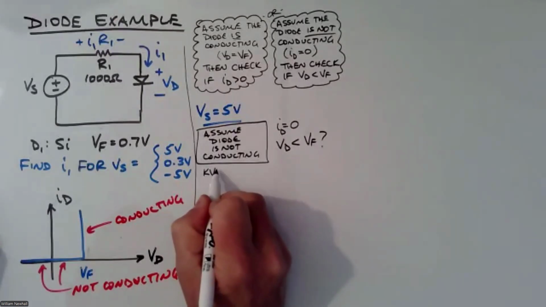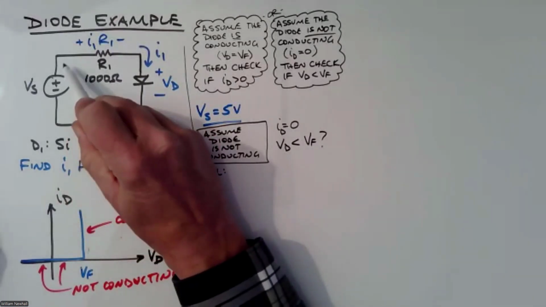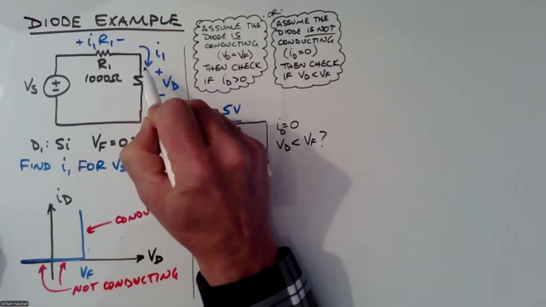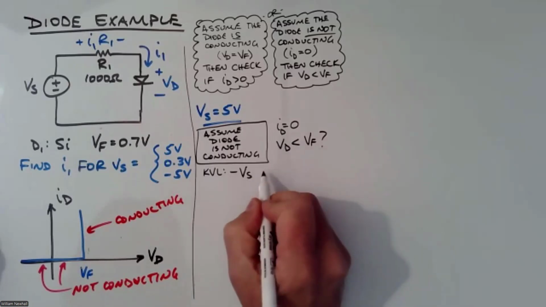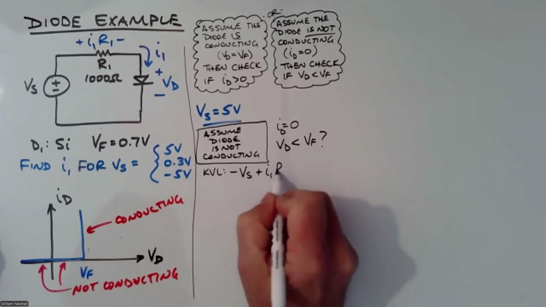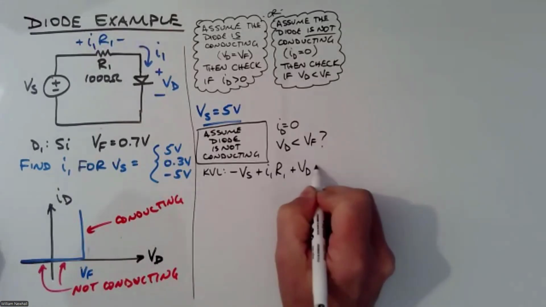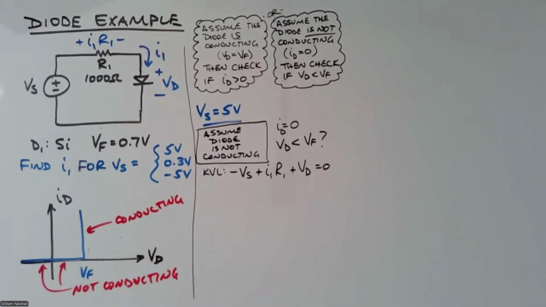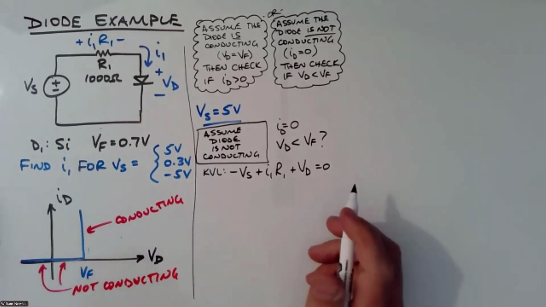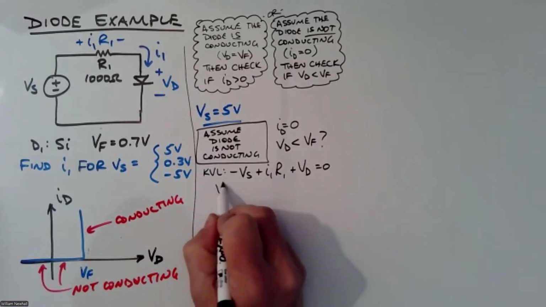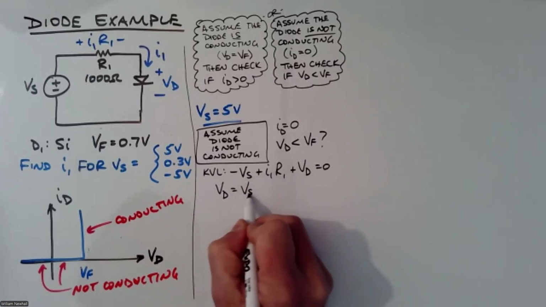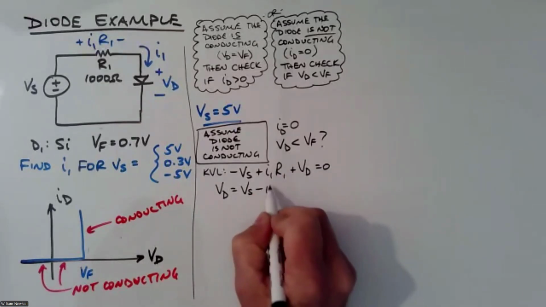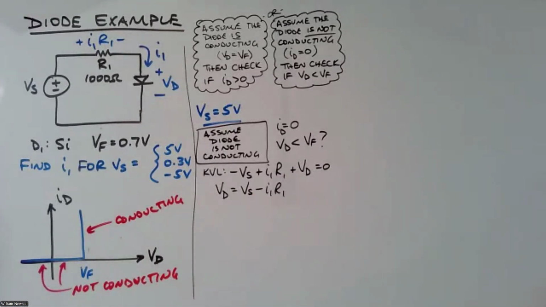So I can write a KVL equation that says minus Vs plus I1 R1 plus VD equals 0. I'm trying to find VD, so let's solve for VD here. VD is equal to Vs minus I1 R1.